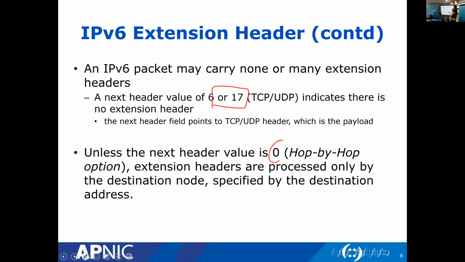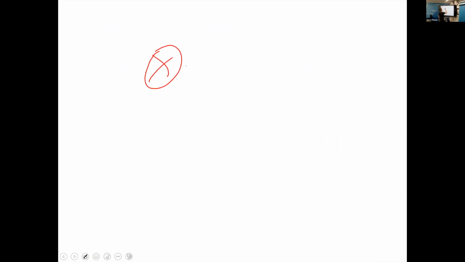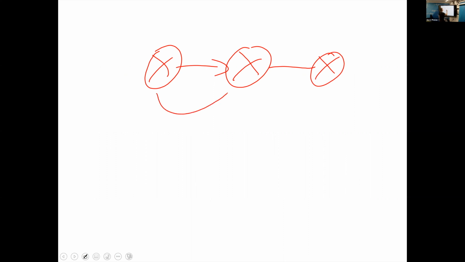This one's special. Unless the next header value is 0, which is called hop by hop, the extension headers are only processed by the destination node specified in the destination address. So if I have something like this, I've got a router going to another router, going to another router. In version 4, everything is inspected at each hop.